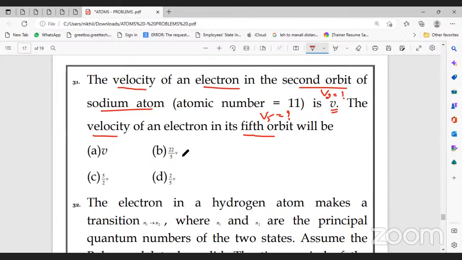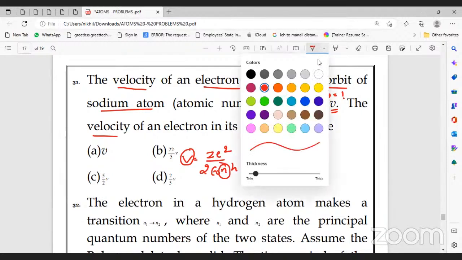Now, you know that the velocity formula for the hydrogen atom is ZE square divided by 2 epsilon naught NH. How are this velocity and N related? Inversely proportional. Velocity is inversely proportional to the orbit number.